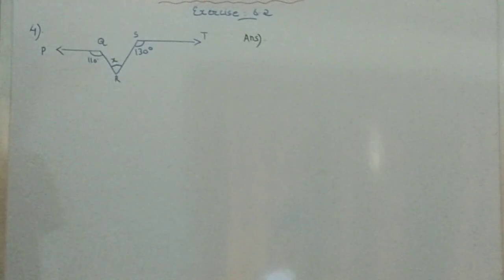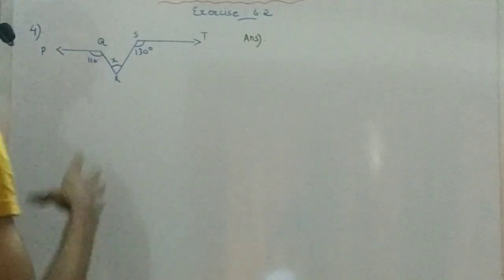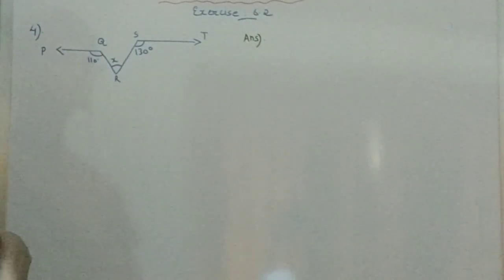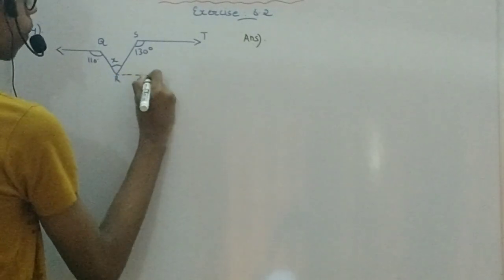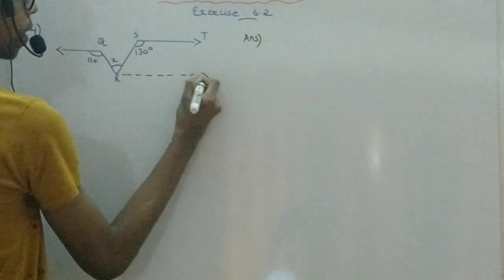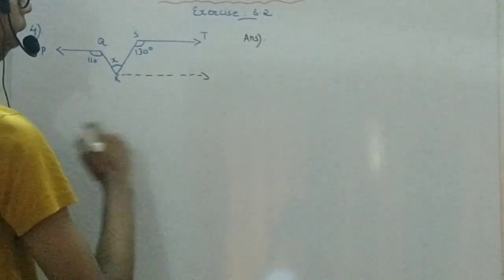Now here they have also given you a hint: draw a line parallel to ST through point R. Okay, so first of all, in order to do this question, we have to make a construction. So I am drawing a line like this, such that this line and this line are parallel to each other.